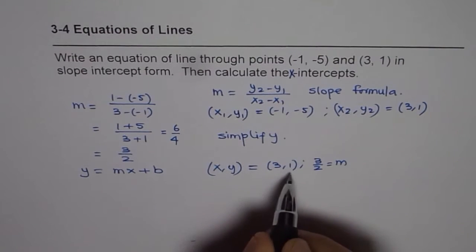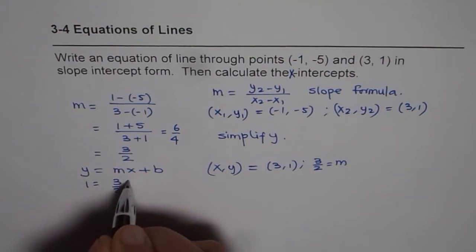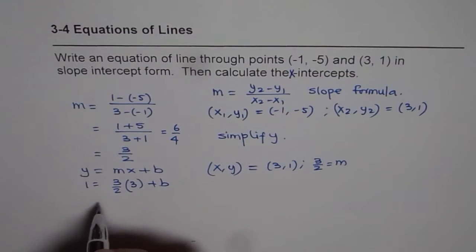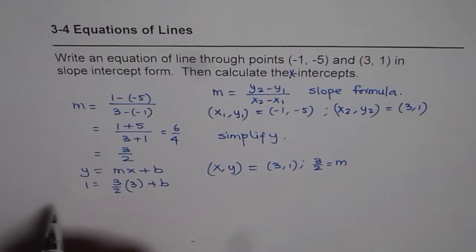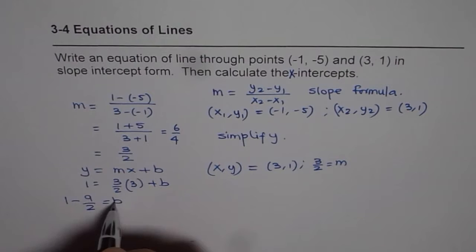So let's substitute these values. y is 1, m is 3 over 2, x value is 3 for us, plus b. And reorganizing, we'll take away 9 over 2 from both sides. So 1 minus 9 over 2 equals b.